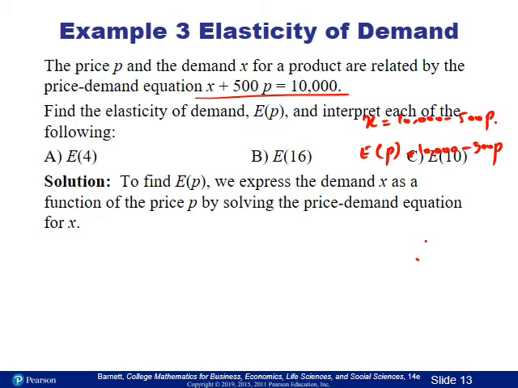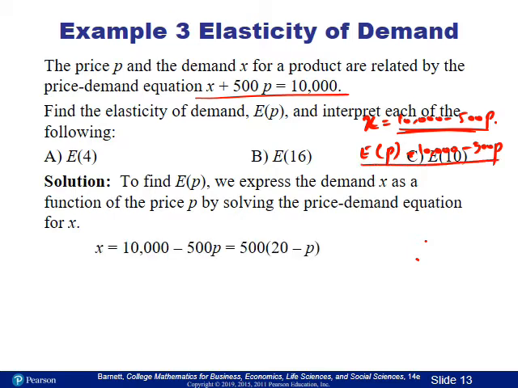To find E of p, we express the demand X as a function of the price P by solving the price demand equation. This is a very important point. We express demand as a function of p to find E of p. That is why I wrote f of p equals 10,000 minus 500p. You can see that x equals 10,000 minus 500p, or we can take out 500, which is this. So this is your f of p.